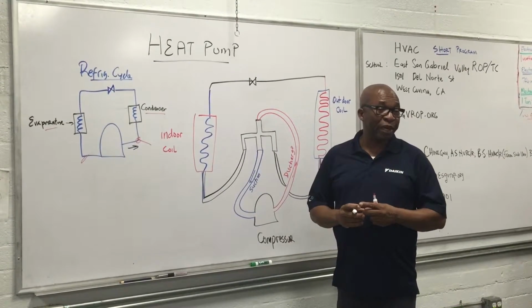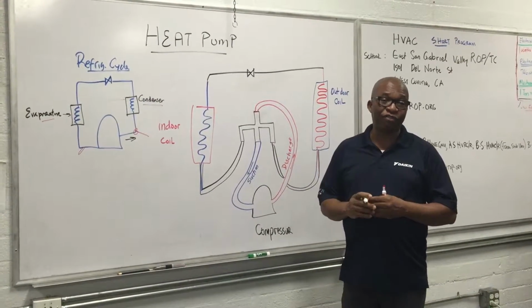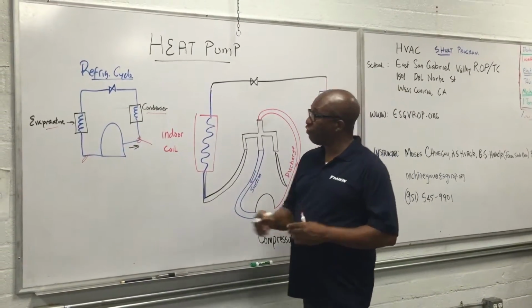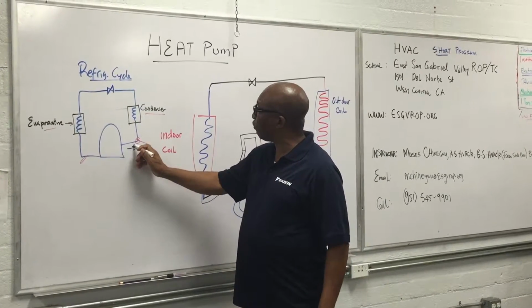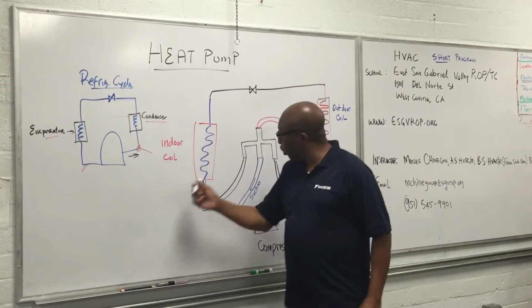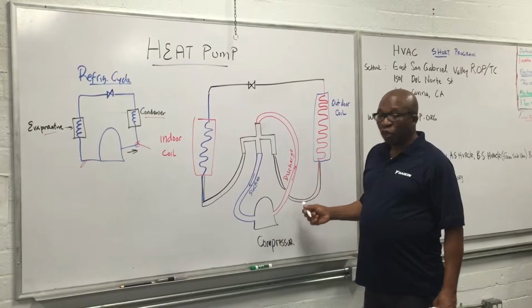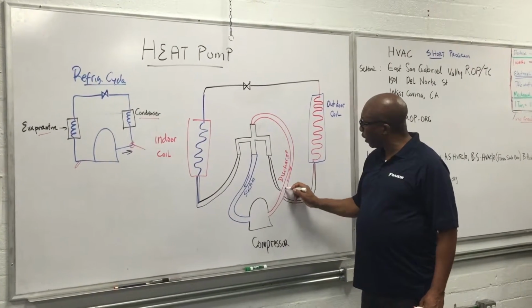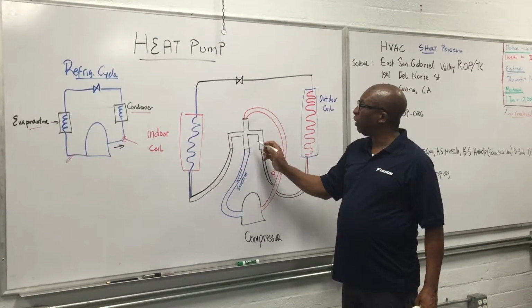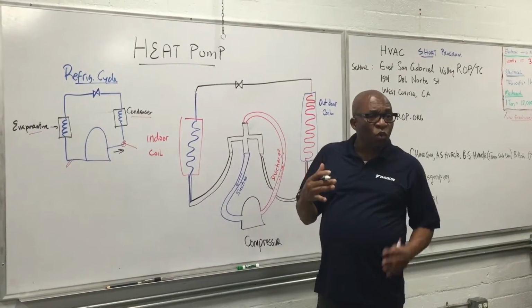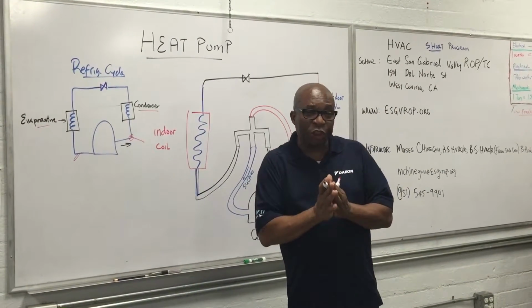Some people call it superheated gas, superheated vapor, but I prefer the term very hot gas. That will be the state of refrigerant in the discharge. It doesn't change in the heat pump. Again, that's what I'm going to have here, going in here. It depends on what we are trying to achieve.